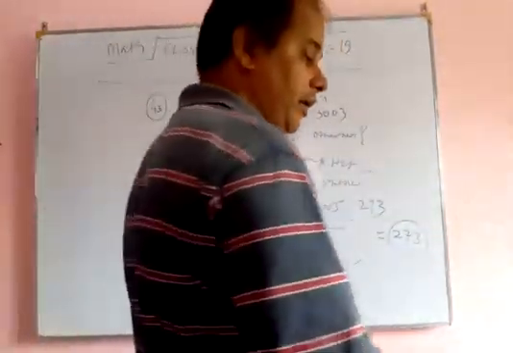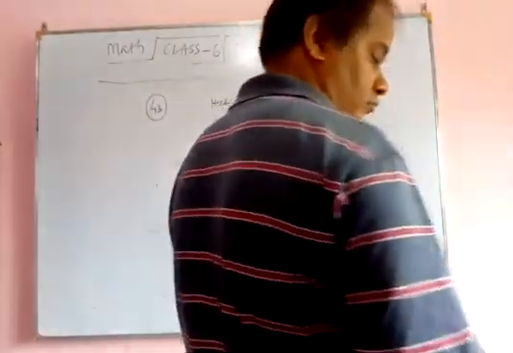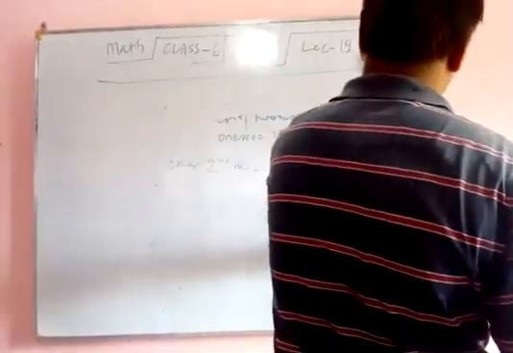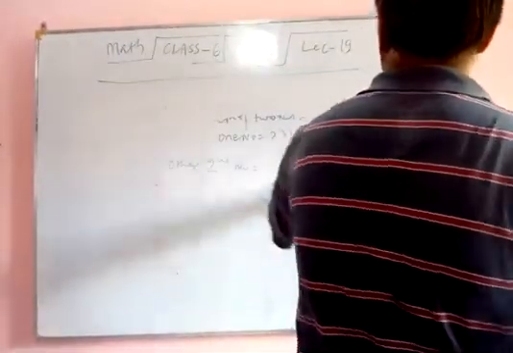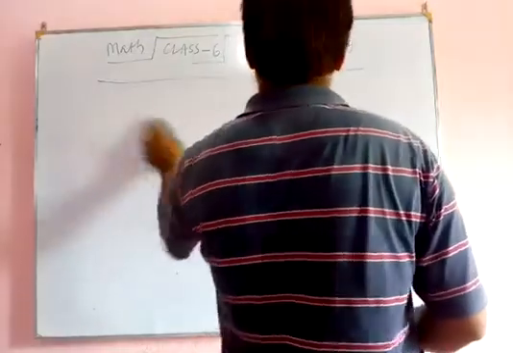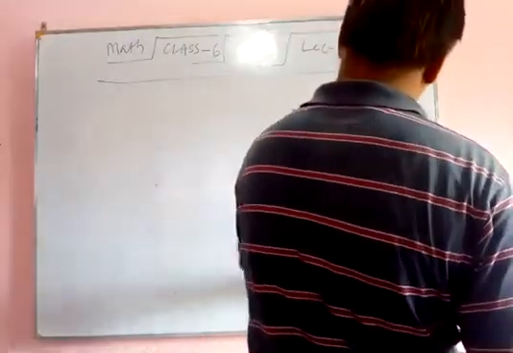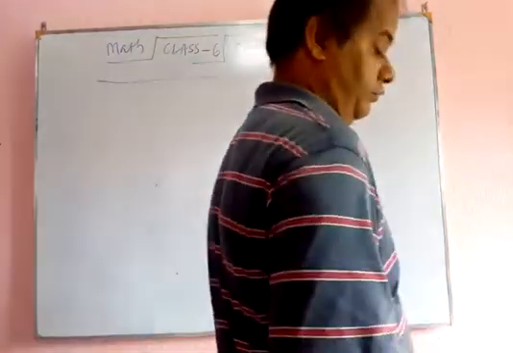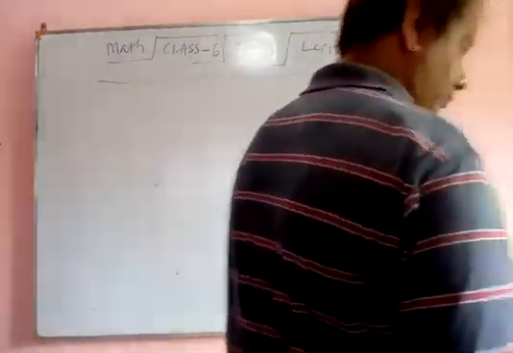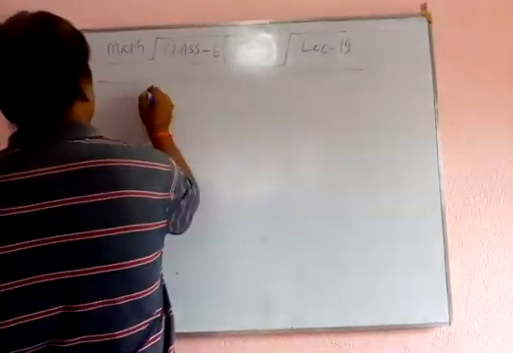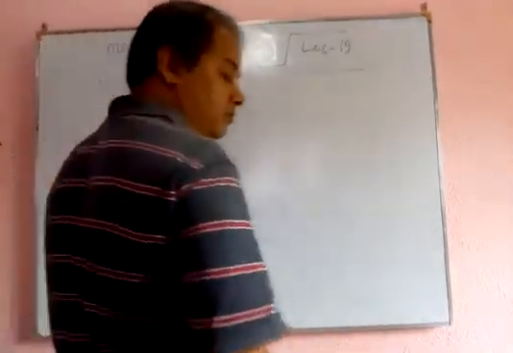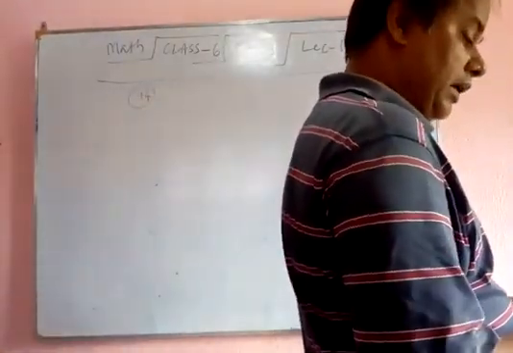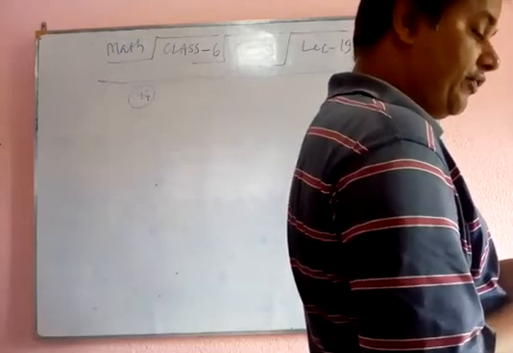Example number 44. The HCF of two numbers is 12 and their product is 2160.